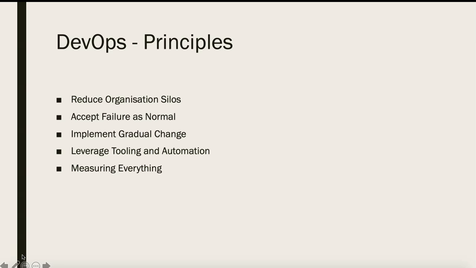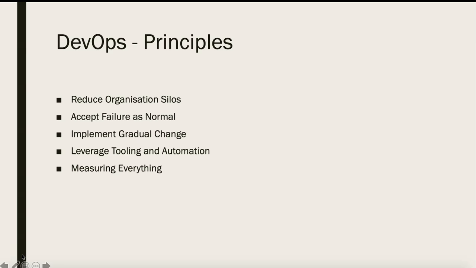Similar thing with the security team or security architecture. They also need to come into the DevOps practice. You all might have heard of DevSecOps, which is security in DevOps. So reducing silos is one of the biggest and foremost important principles of DevOps.